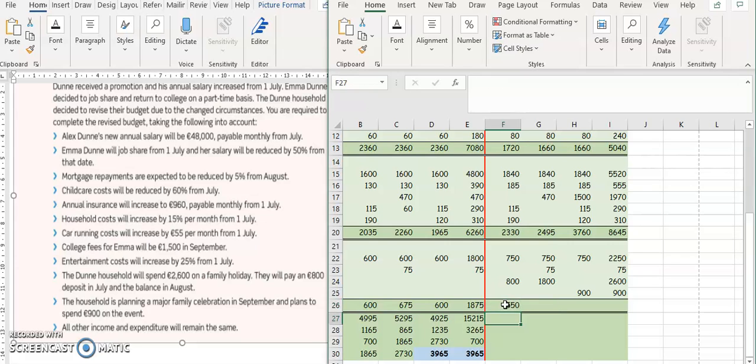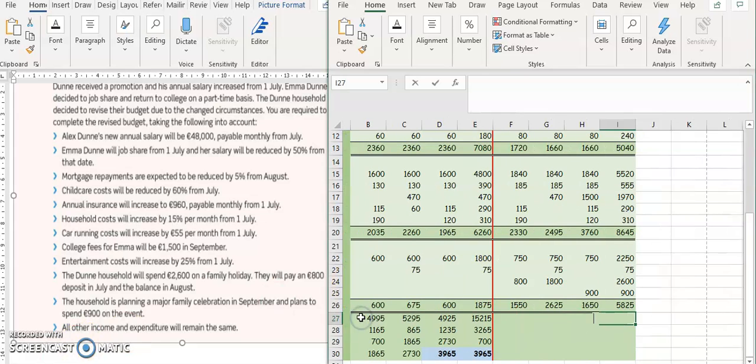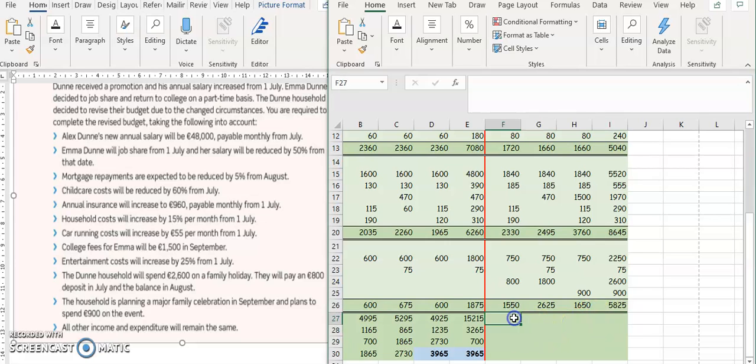So 750 plus 800 gives 1,550. 750 plus 75 plus 1,800 gives us 2,625, and 750 plus 900 gives us 1,650. And then our total, 2,250 plus 75 plus 2,600 plus 900. So 5,825. So now the next step to finish that off is to get your total expenditure.